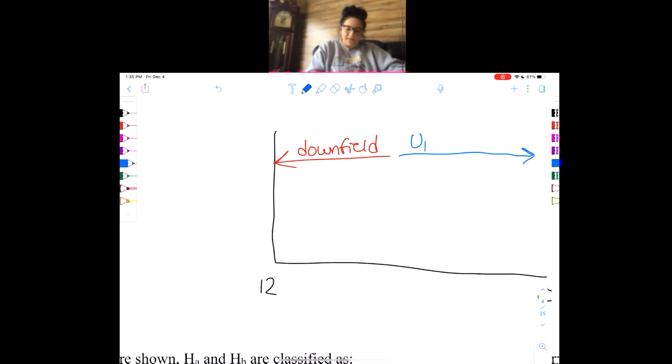So the other side has to be upfield. What's another word for downfield? It also starts with a D. De-shielded. Exactly. And so the other direction would just be shielded.